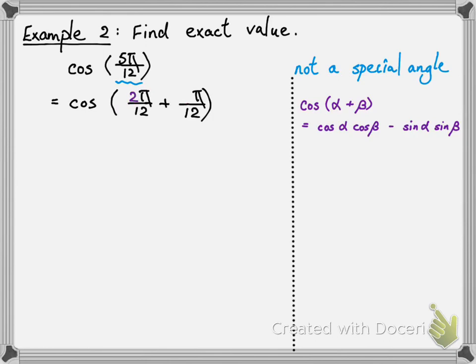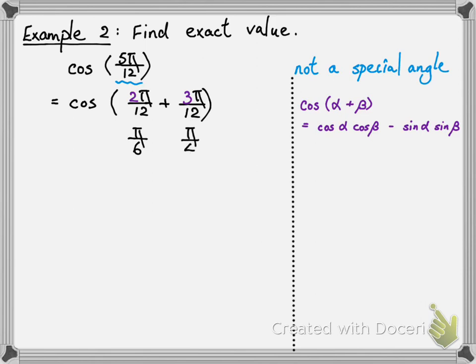What about 2 pi over 12 plus 3 pi over 12? Yes, that equals 5 pi over 12. And 2 pi over 12 can be reduced to pi over 6, and 3 pi over 12 we can also reduce to pi over 4.